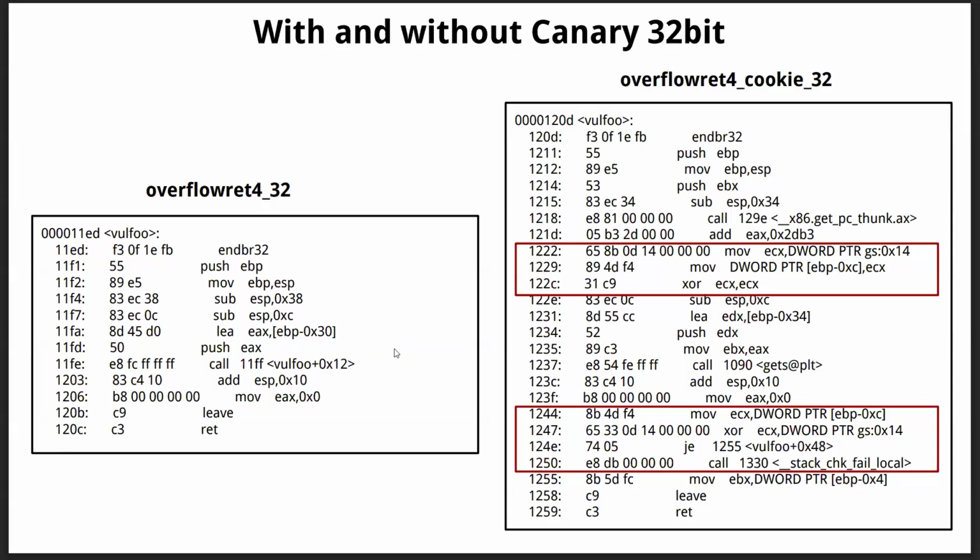We have push EBP, move ESP to EBP, subtract something, load the effective address of buffer, push EAX, and call gets. Then we add, we move, we leave, we return. That's it.